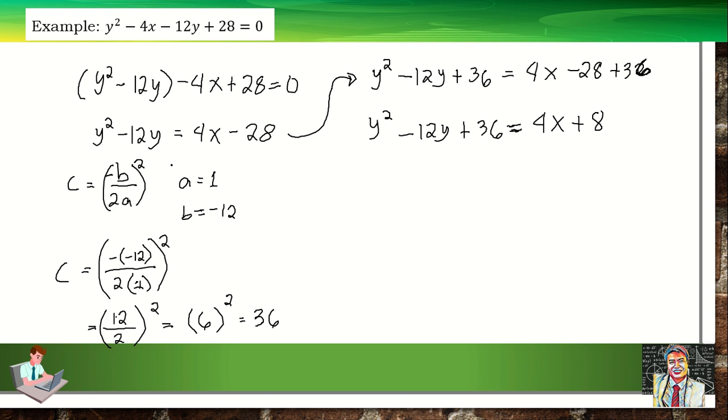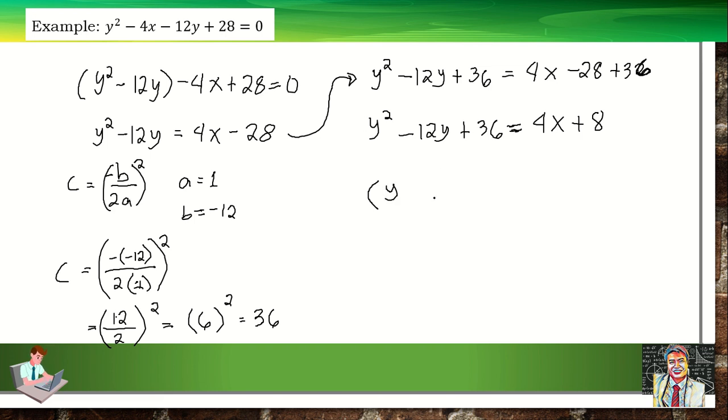Next is, express the perfect square trinomials as square of binomials to make the equation in the vertex form. So, gagawin natin itong vertex form. So, gagawin natin binomial siya. Kagaya lang din na ginawa natin dun sa circle, square root ng first term, that is y.